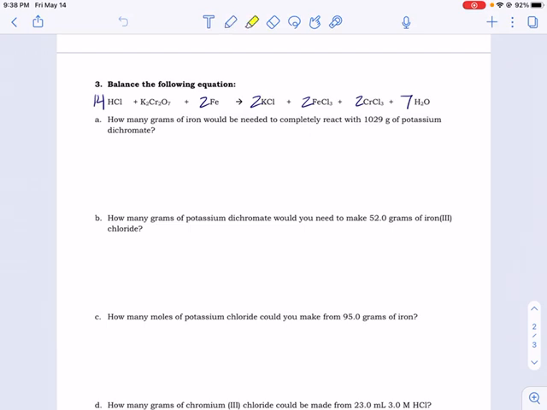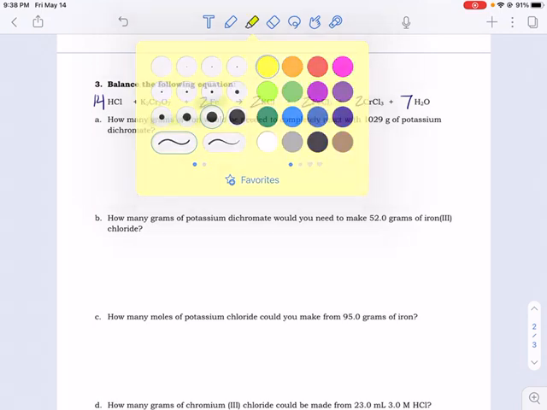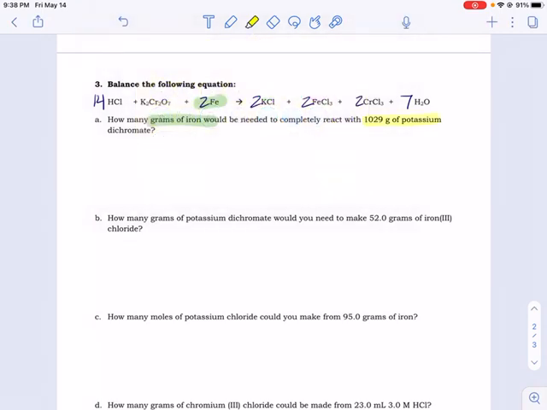We're asked to find how many grams of iron, and we're given information about potassium dichromate. So we have 1029 grams of K2Cr2O7, the molar mass of which is 294.18.